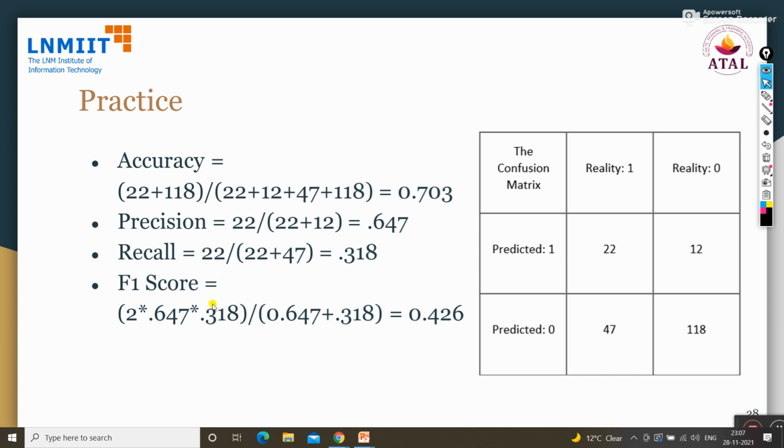For that they have F1 score, but they also state that if you want a higher F1 score, we need high precision and high recall both, to be more accurate. Exactly, that's what I was asking.